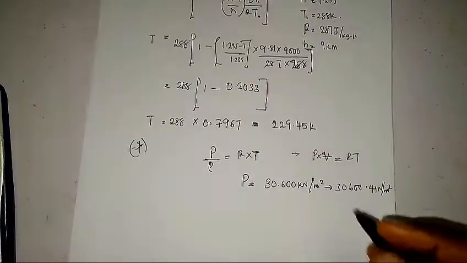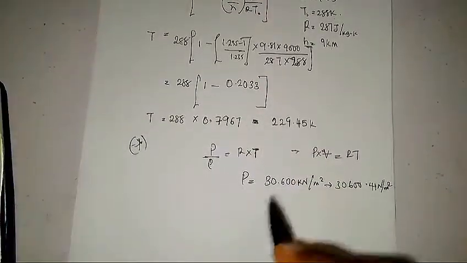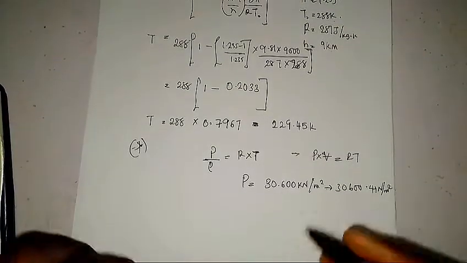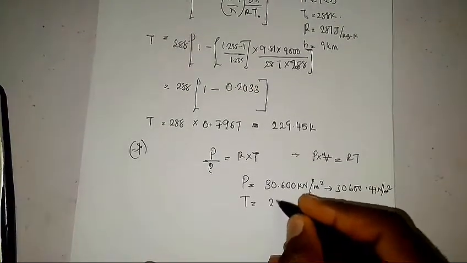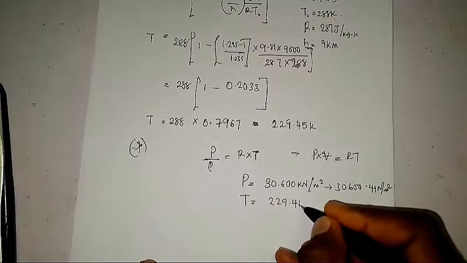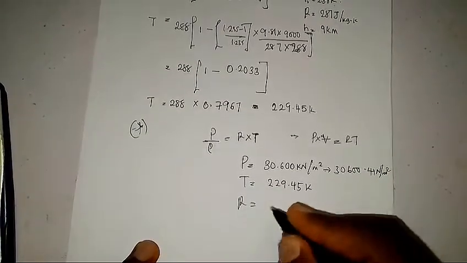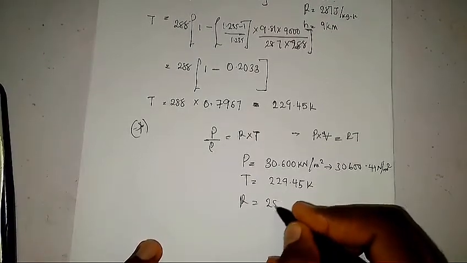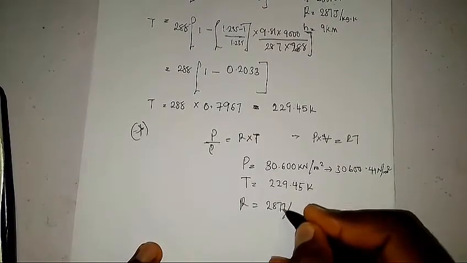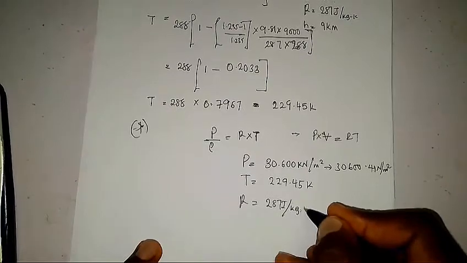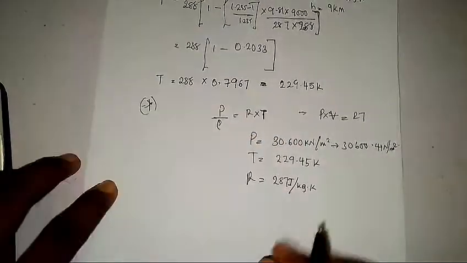Then the temperature we got at 9,000 meters was T, which is equal to 229.45 Kelvin, and my specific gas constant, which was given as 287 joule per kilogram per Kelvin. So substituting this, we can easily get my density.